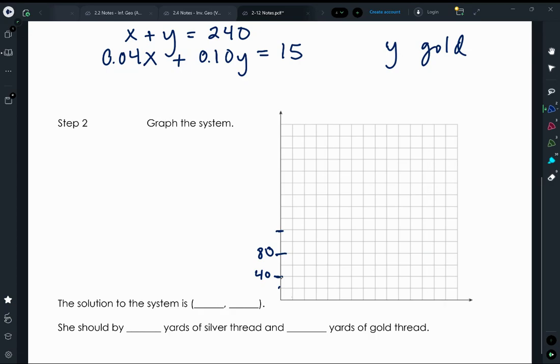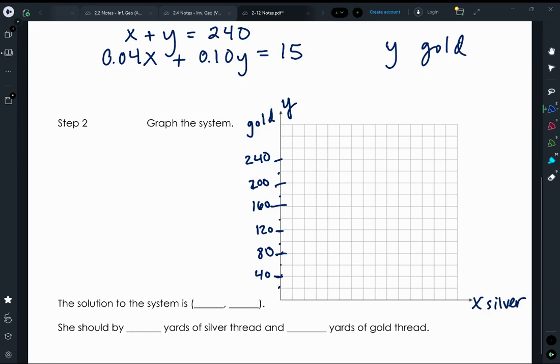So it's like 20, 40, 60, 80, 100, 120, 140, 160, 180, 200, 220, 240. And I'll do the same thing on the X. Remember, Y is our gold, and X is our silver thread.